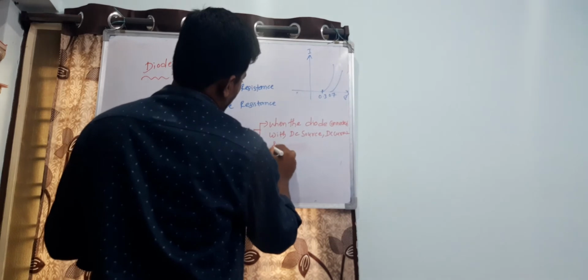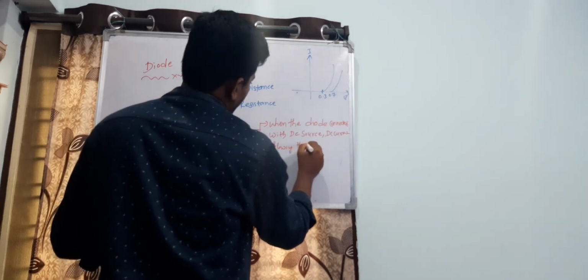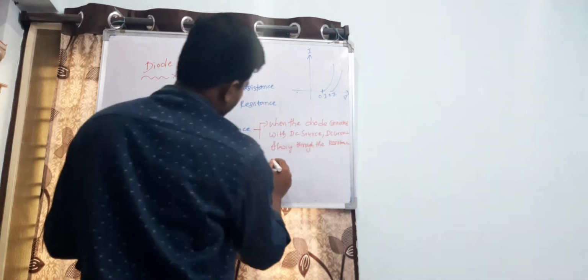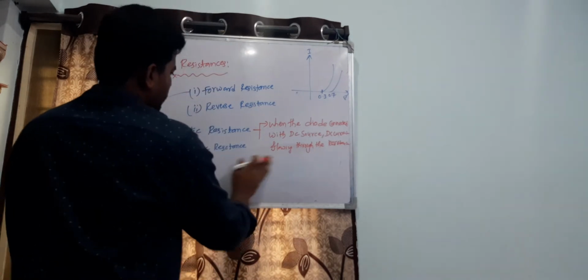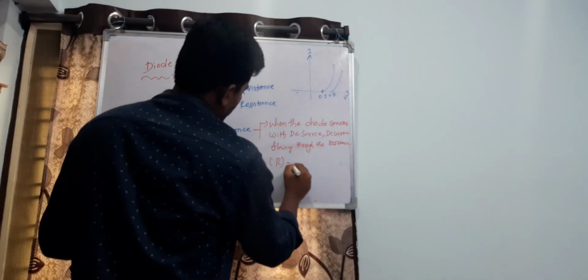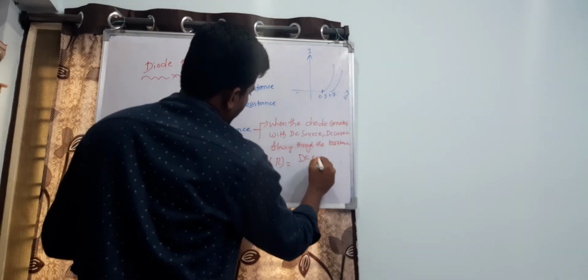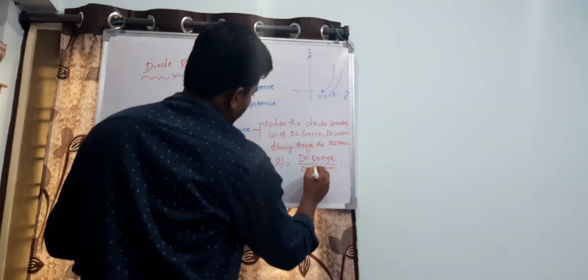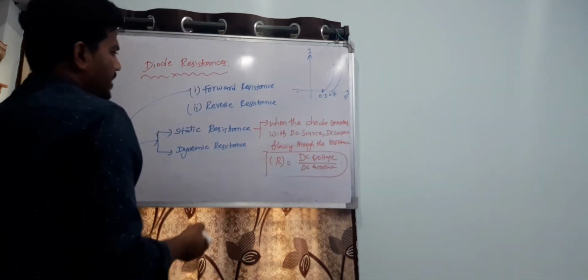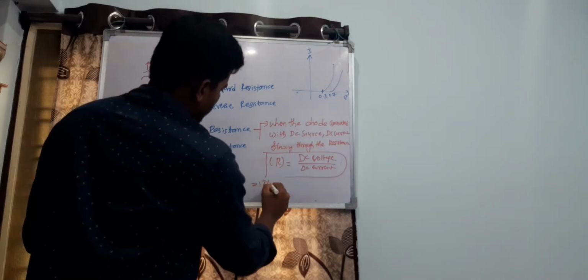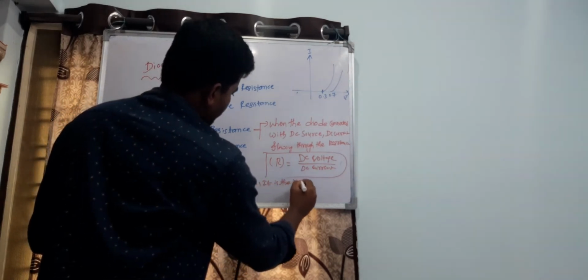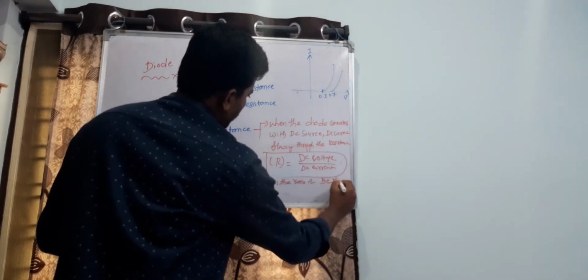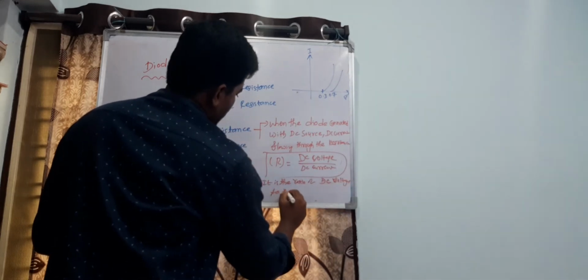It can be represented by either small r or capital R. Capital R equals the DC voltage divided by the DC current. It can be defined as the ratio of DC voltage to the DC current.